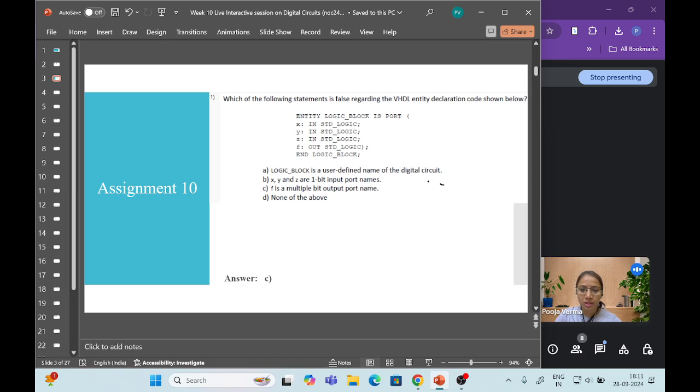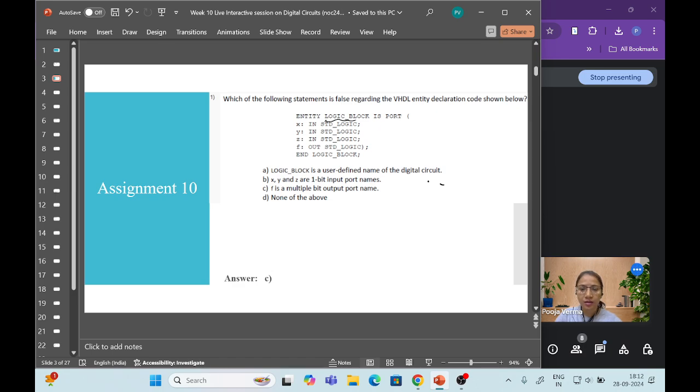The options are: A, logic block is a user defined name of the digital circuit. So yes, this logic block is user defined, we know that. So this one is correct.